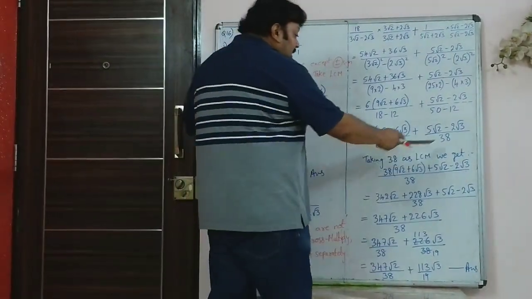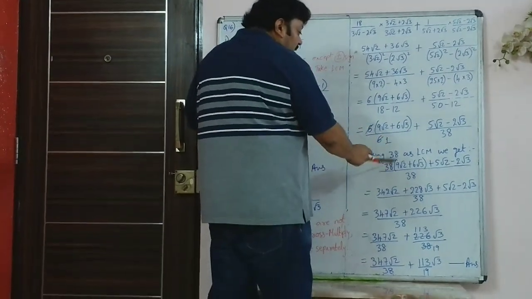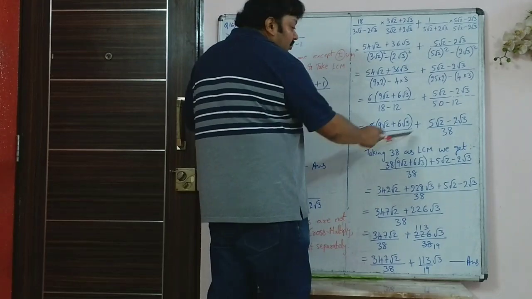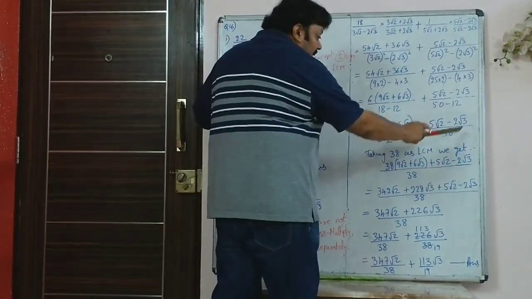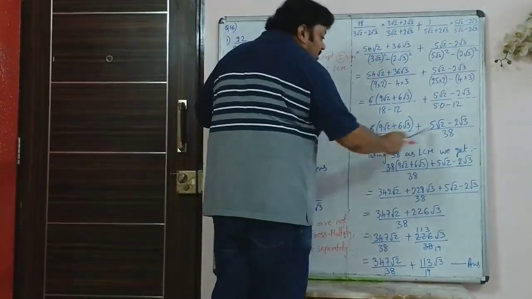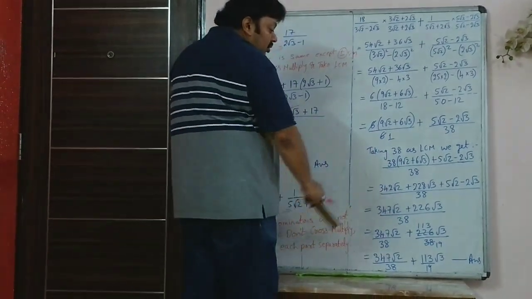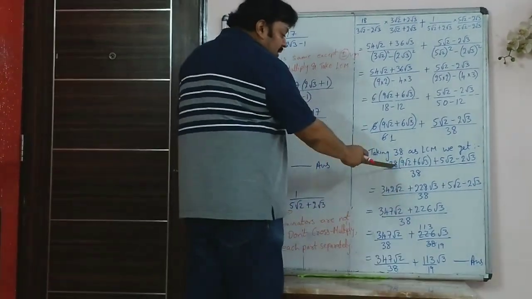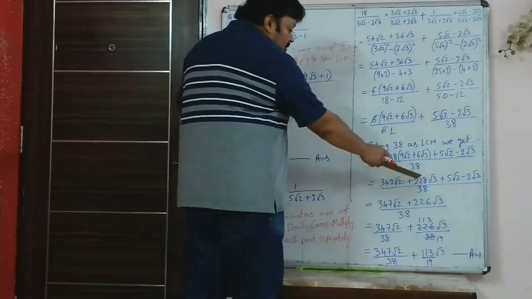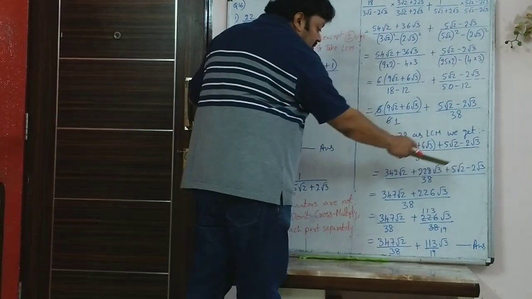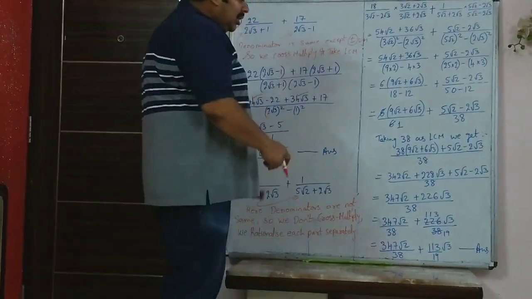So now I cross multiply: 38 into 9 root 2 plus 6 root 3, and 1 into 5 root 2 minus 2 root 3, and the LCM is 38. So 38 into 9 is 342 root 2, and 38 into 6 is 228 root 3, plus 5 root 2 minus 2 root 3 upon 38.